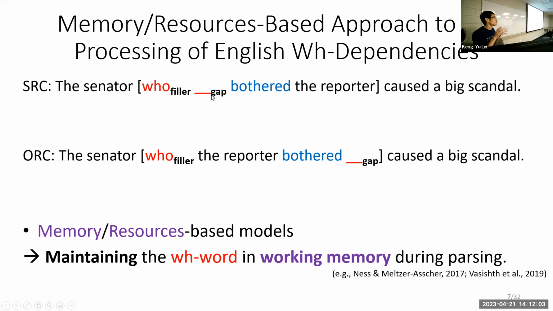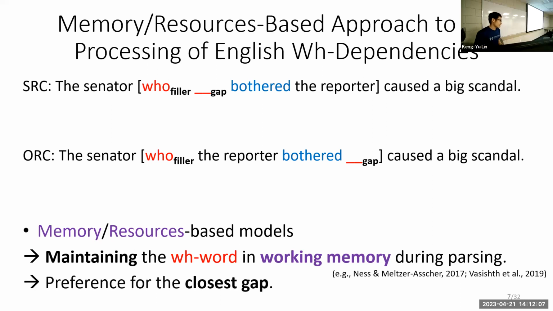Before that, we have to hold it in our working memory according to the model. And we have a preference for the closest gap. This is because if you have to maintain the information of the WH word in your working memory, it is cognitively costly to maintain it longer.